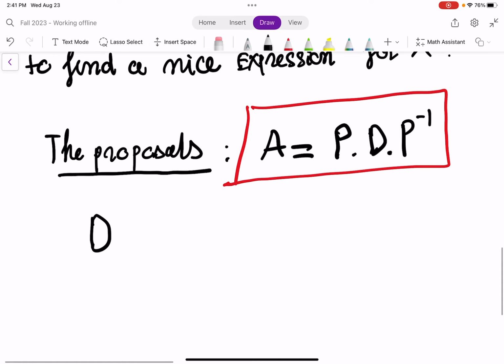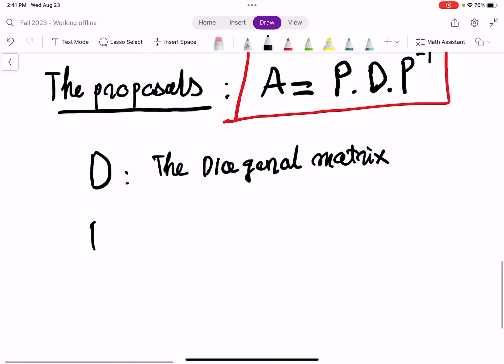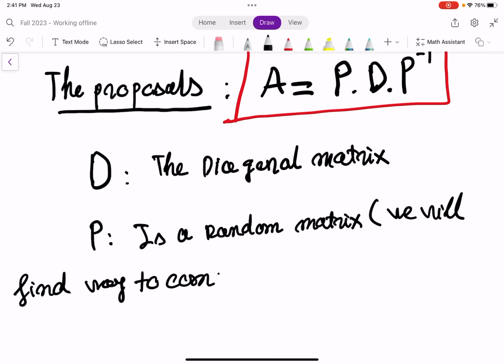D is the diagonal matrix, and P is a random matrix. We will find a way to compute it.